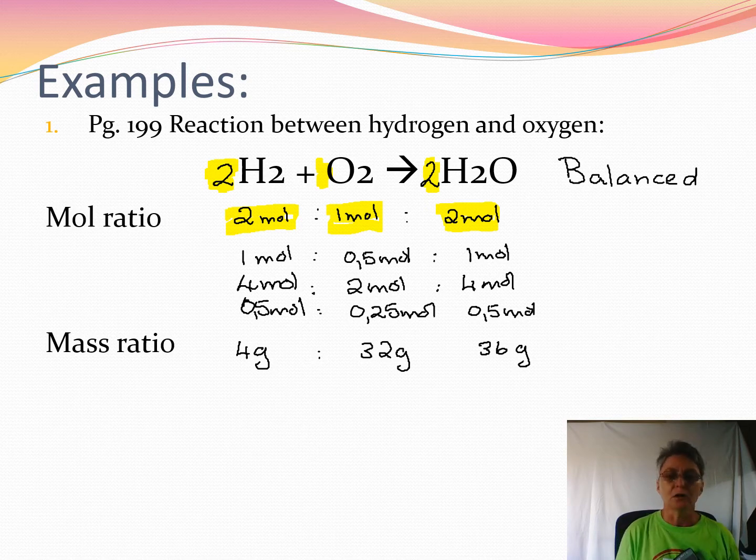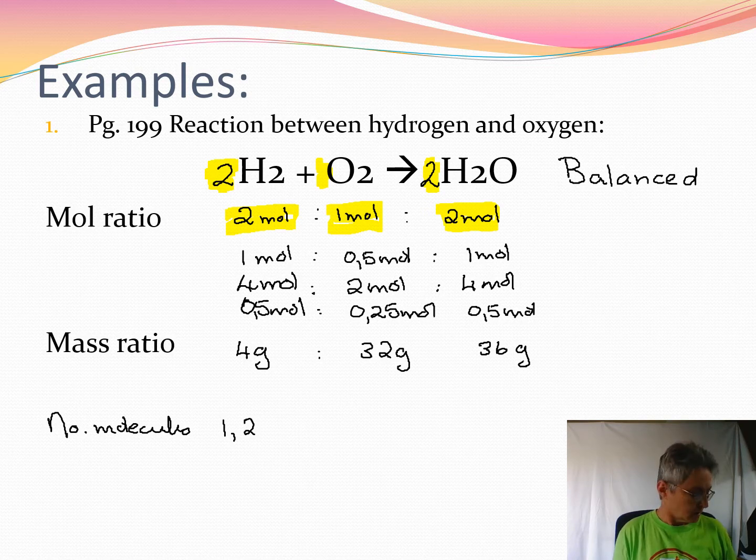So if you've got Avogadro's number, we know that 2 moles of hydrogen would be 2 times 6.022 times 10 to the 23, so that would be 1.2044 times 10 to the 24, sorry.